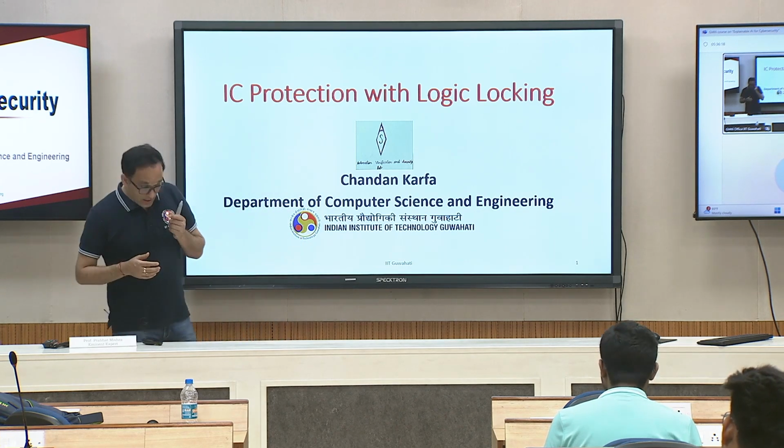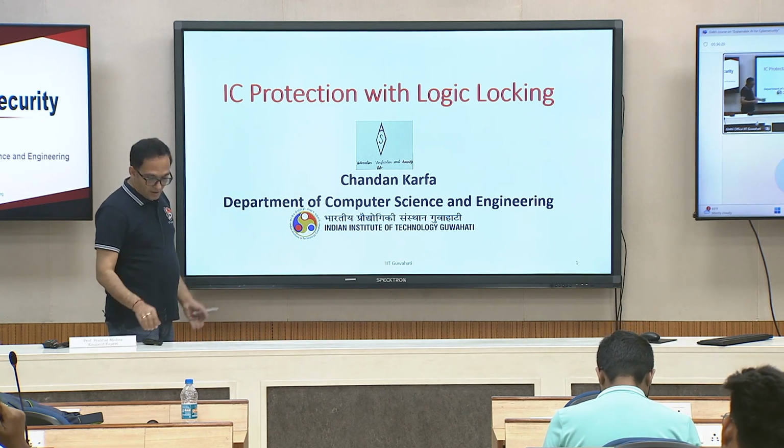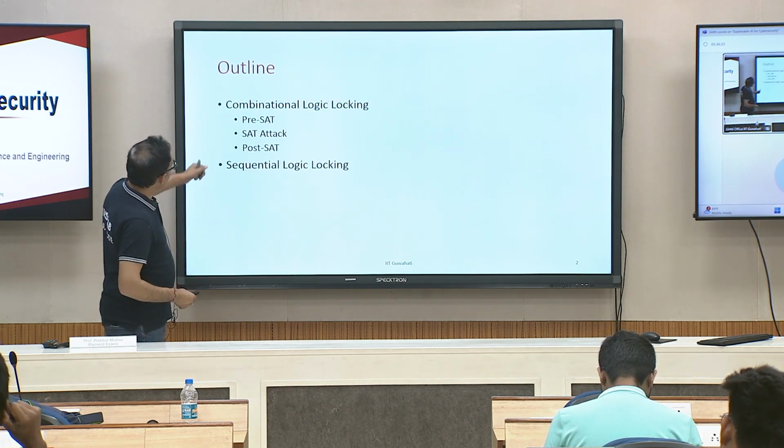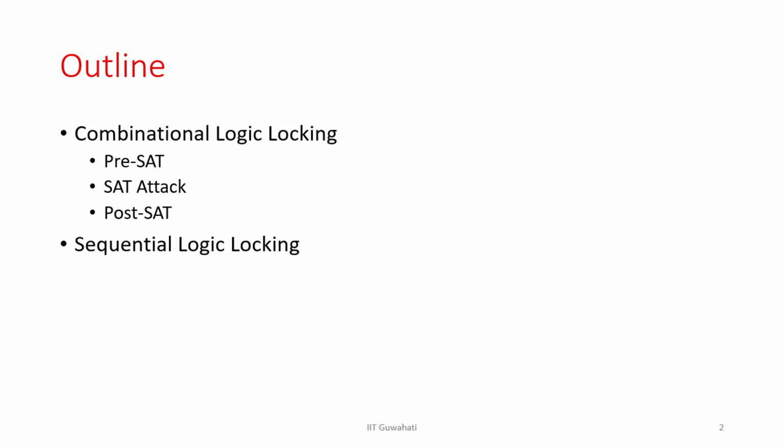Okay. So, now I will come to the lower level, right. I will talk about logic locking, but on the combinational circuit or the sequential circuit. Okay. And inside the combinational circuit you have different eras. This SAT attack is one of the most powerful attacks on logic locking, which I will talk about in the second part of the talk.